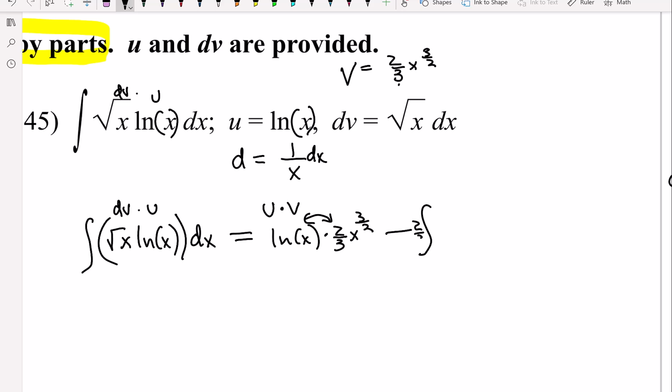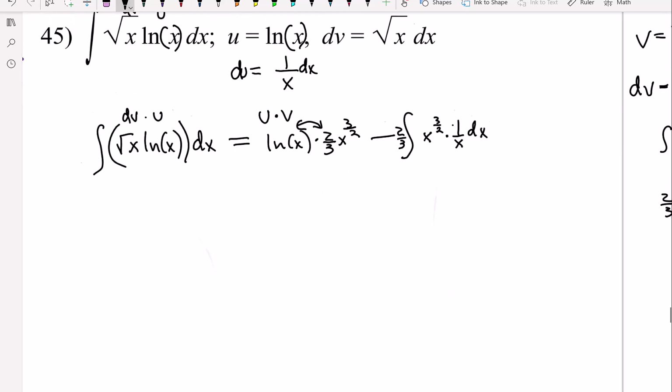I'll keep consistent. And then our du is 1 over x dx.